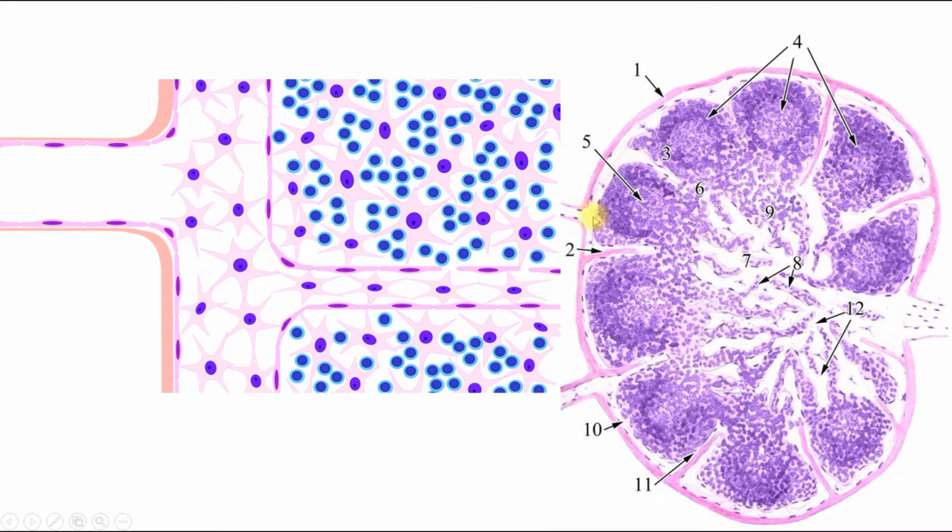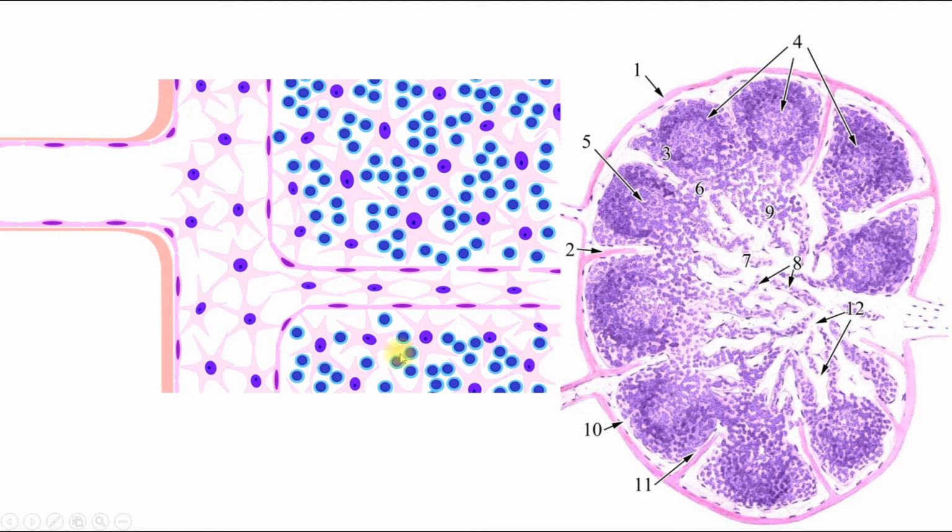It's distributed under the capsule inside the capsular sinus or marginal sinus, and it goes into the cortical sinus, then the medullary sinus, and goes to the portal sinus, which is the beginning of the efferent lymph vessels, which carry lymph away from the lymph node. And all those sinuses have this network of reticular tissue which helps to filtrate lymph.